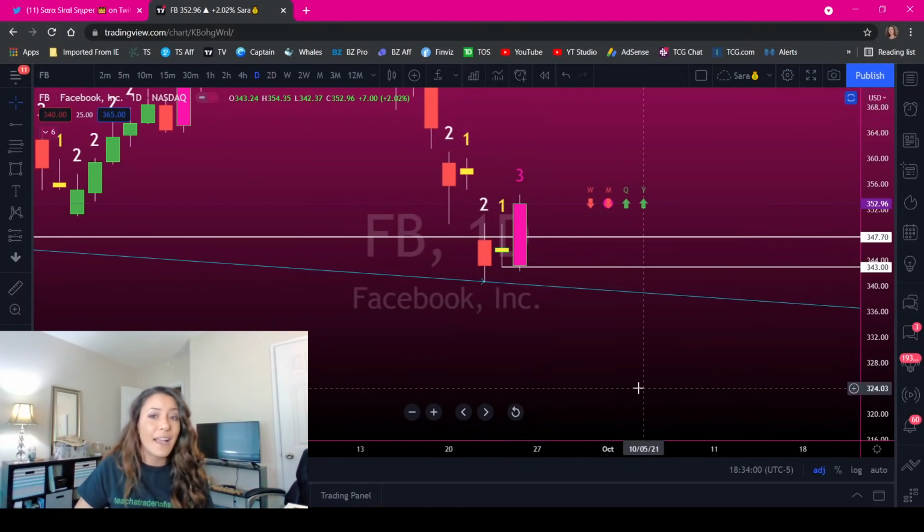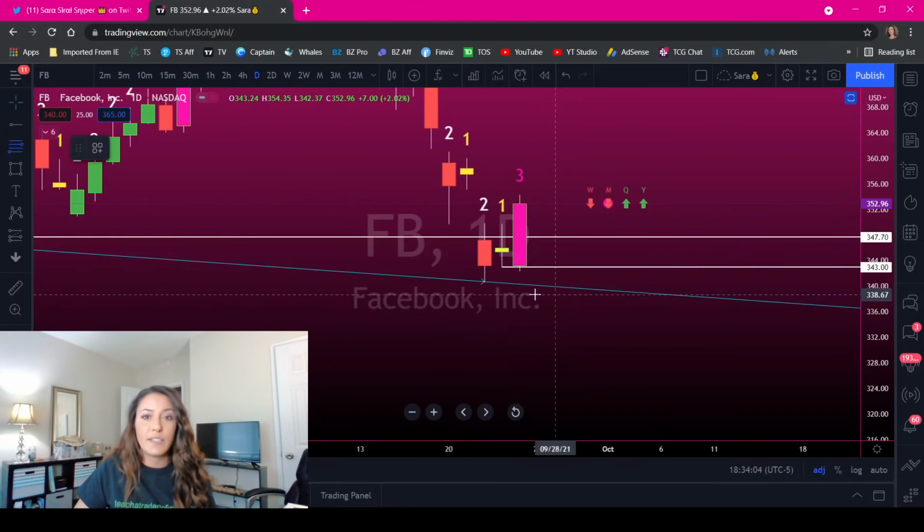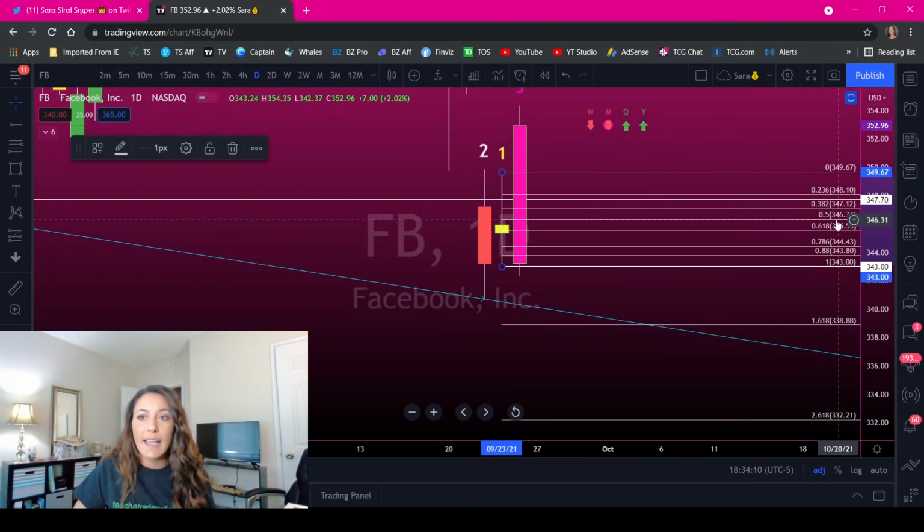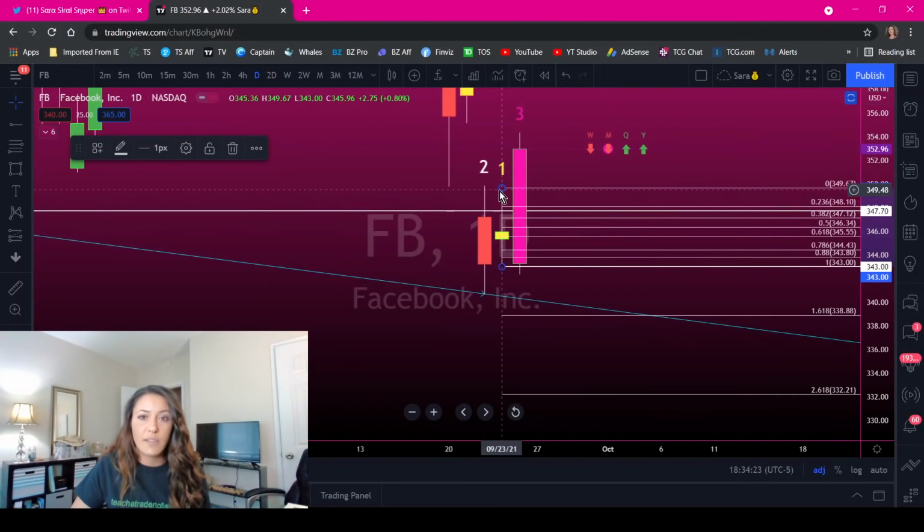Do you guys want to know where I got in? I knew this was going to become an outside bar. So let's do our little fib thing like Rich showed us. Got to make it real big. I got in at 346.34, expecting this candle to become an outside bar. So that was my target one. So I bought, well, you could have bought the 350 calls down here at 346.